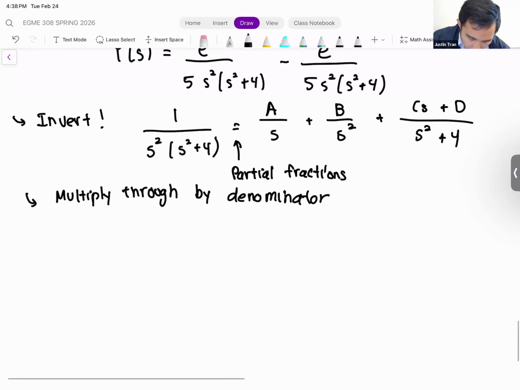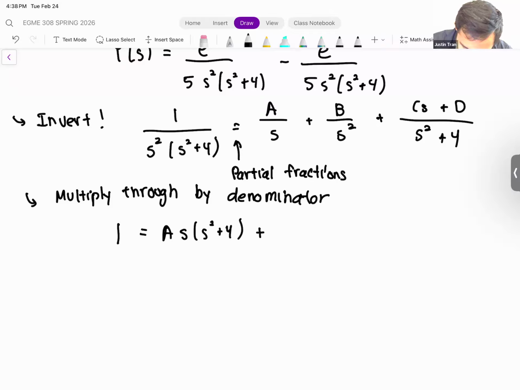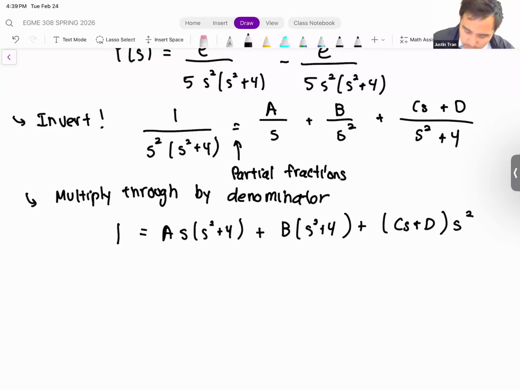That eliminates the denominator on the left-hand side, so on the left we just have 1. On the right-hand side, that denominator cancels out with certain components in the denominators of each of the terms. So we have A times (s squared plus 4) plus B times (s squared plus 4) plus (Cs plus D) multiplied by s squared.